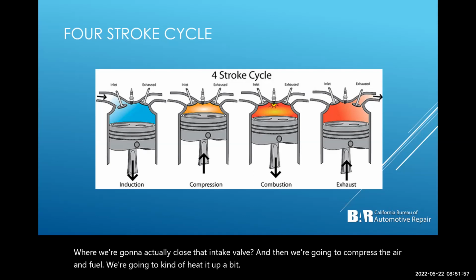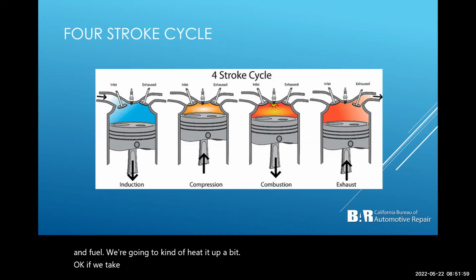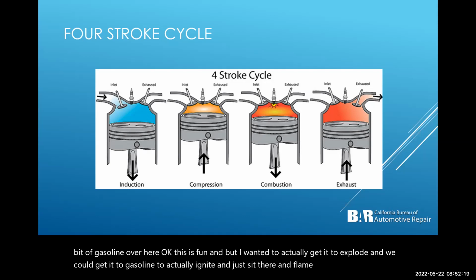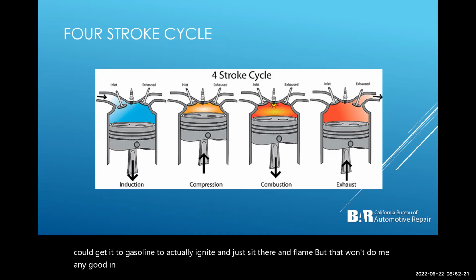If we were just playing around here and had a little bit of gasoline over here, okay, this is fun, I could get the gasoline to ignite and just sit there and flame, but that won't do me any good in an engine. What I want to do is compress it in that cylinder.